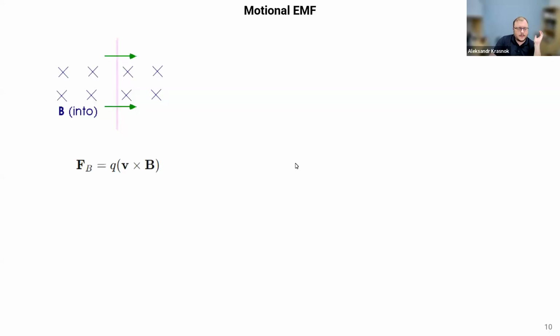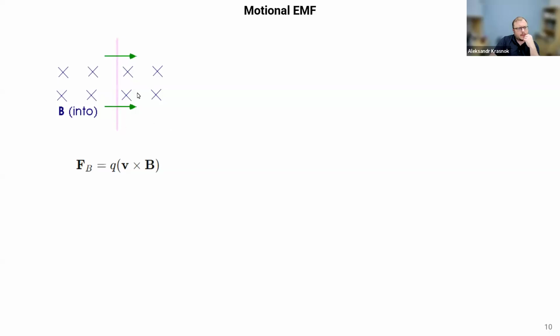But another situation is possible when this loop, this coil, can move in a static magnetic field. In that case, the magnetic flux will also be changing, and let us discuss this effect in more detail.